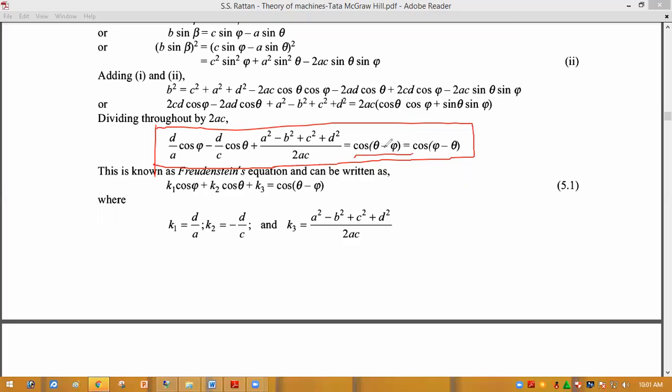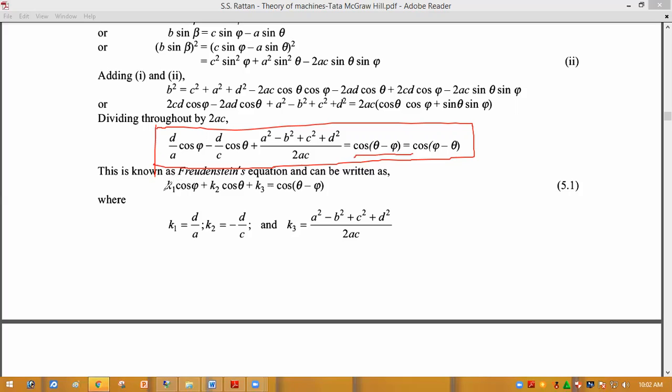Here d and a are the lengths of the links, phi is the output angle, and theta is the input link angle. This equation is known as the Freudenstein equation and can be written as k1 cos phi plus k2 cos theta plus k3 equals cos of (theta minus phi).